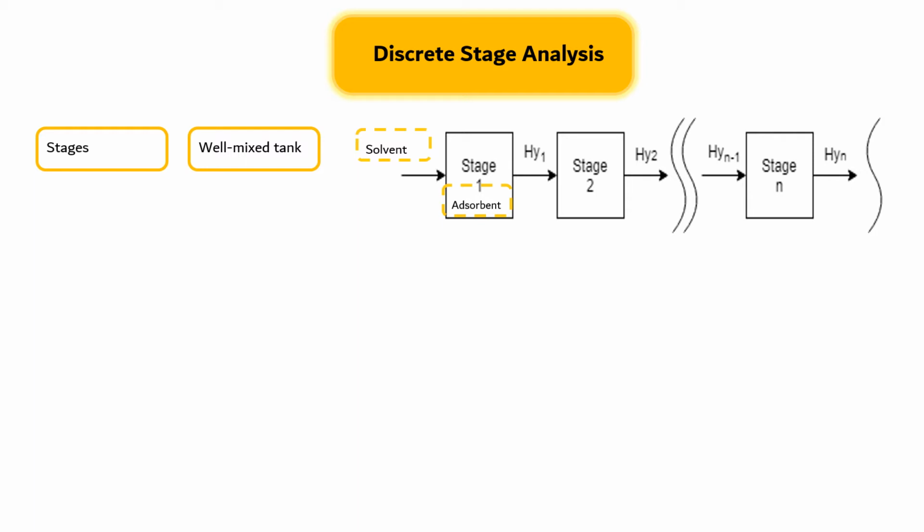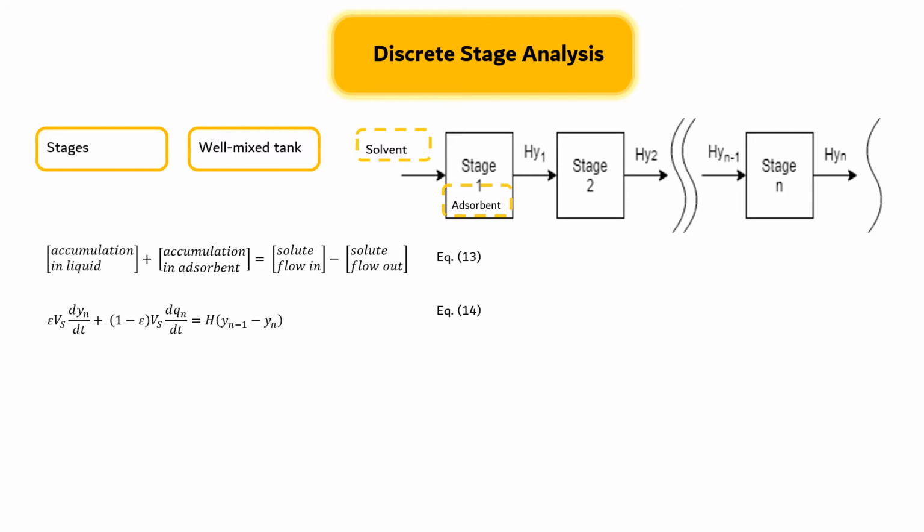We can use this model for chromatography by writing solid mass balance on each stage, as shown in equation 13 and equation 14. Solid concentrations in the solvent and the adsorbent are assumed to be in equilibrium, which can be expressed as shown in equation 15, which is a linear isotherm.